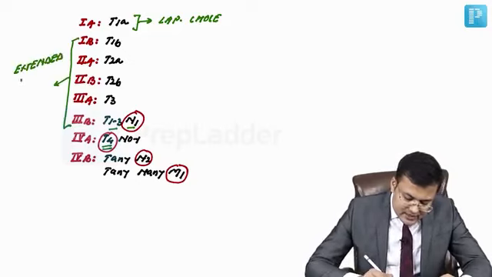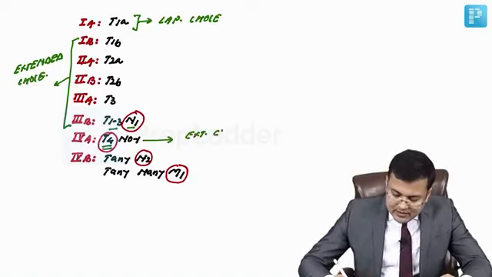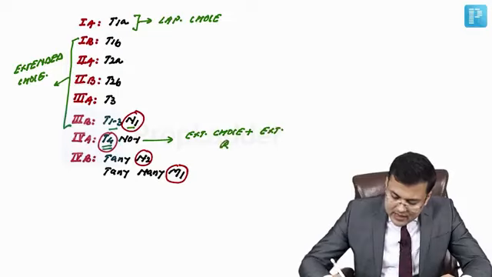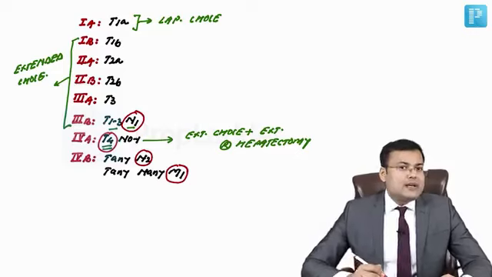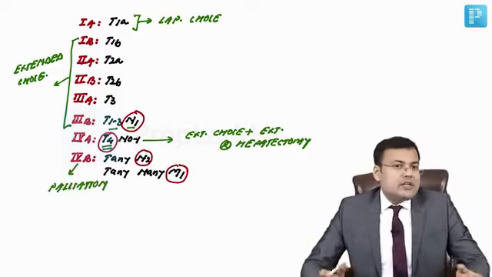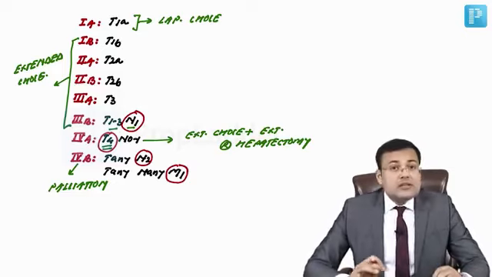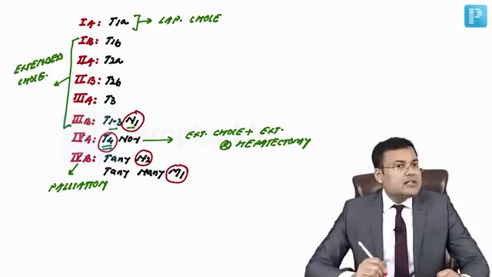And for stage 4A, we go for extended cholecystectomy plus extended right hepatectomy. And if the stage is 4B, we go for palliation. So generally we give chemotherapy. Palliation by chemotherapy, what is the agent? Gemcitabine plus cisplatin.